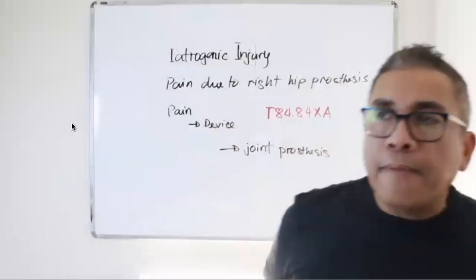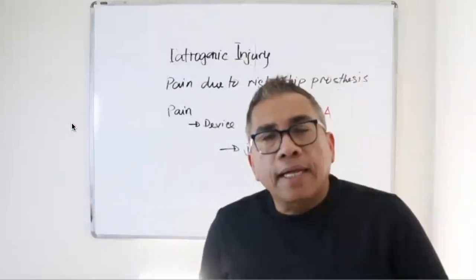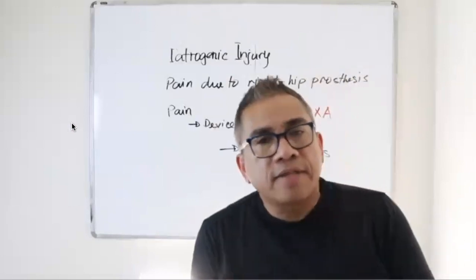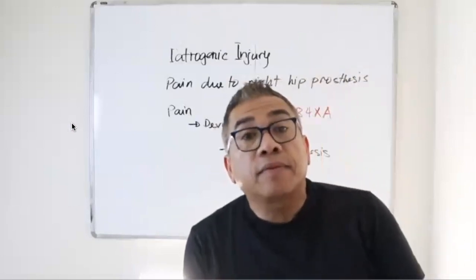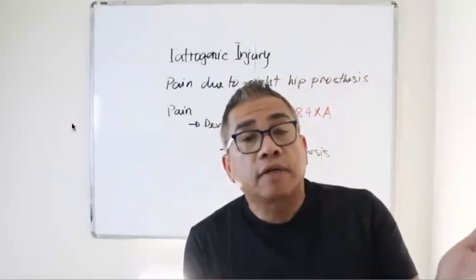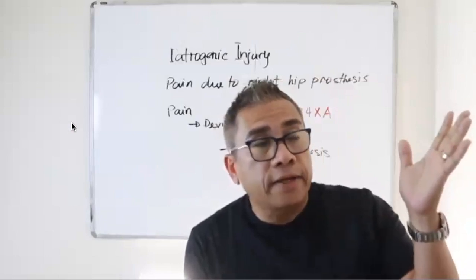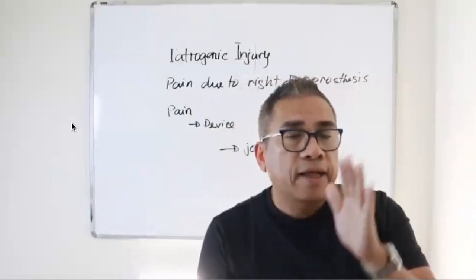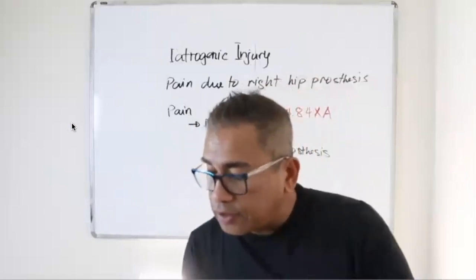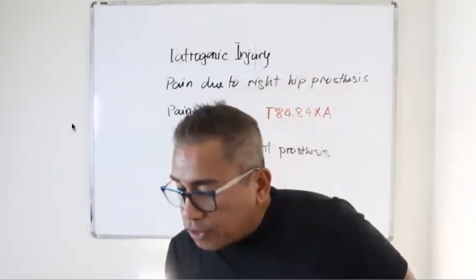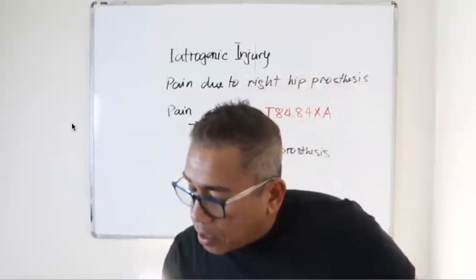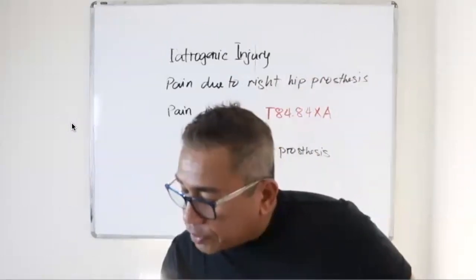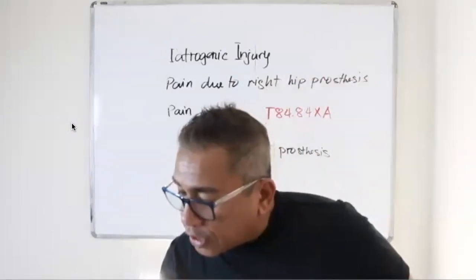Anyway, so the guidelines are telling us that if there was some kind of rejection in that transplanted organ or tissue that is transplanted, assign the T86 code. So the T86 codes, guys, that is your category code.